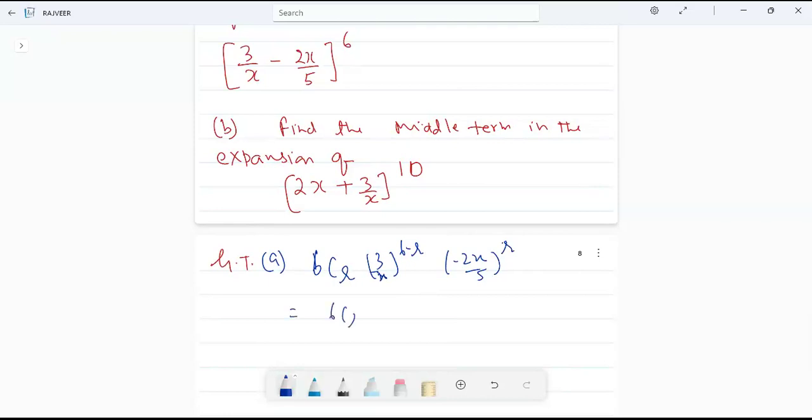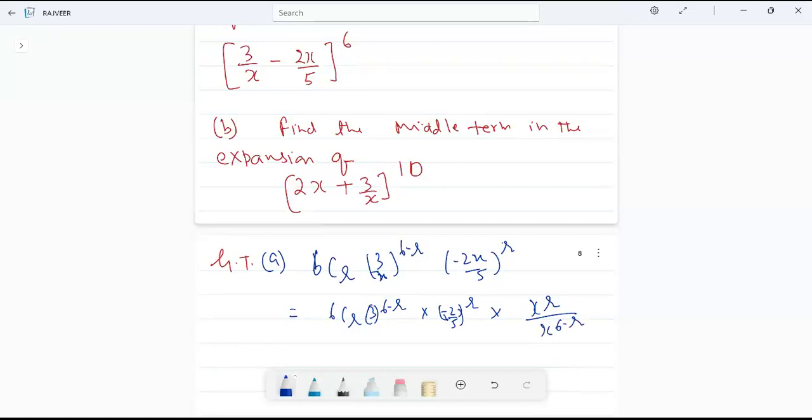So 6Cr, 3 to the power 6 minus r, into minus 2 over 5 to the power r. That is not our concern. We are concerned with the powers of x. We have x to the power r divided by x to the power 6 minus r.